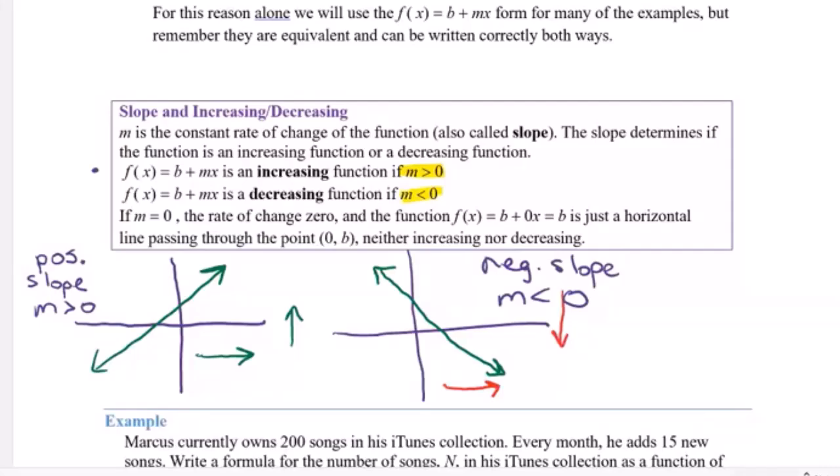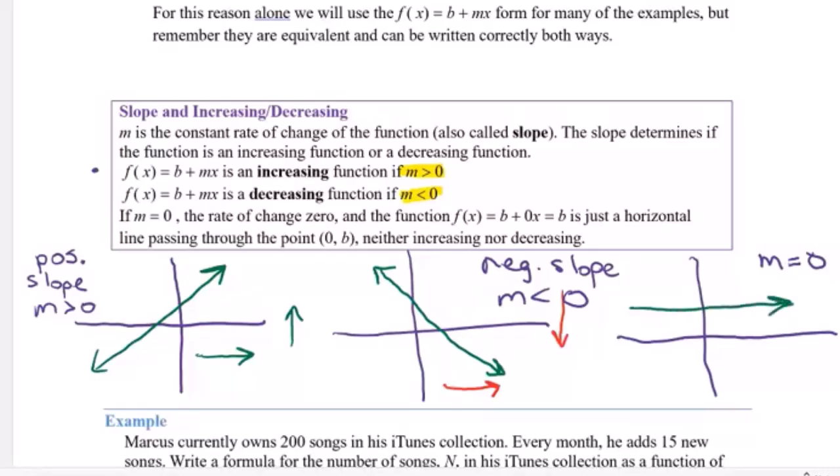And then I have one other possibility. If I have m greater than 0 and m less than 0, the last possibility is m equals 0. So if I have m equals 0, basically we have a function whose slope doesn't change.